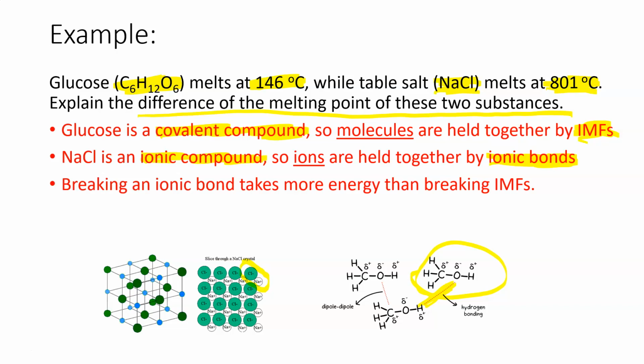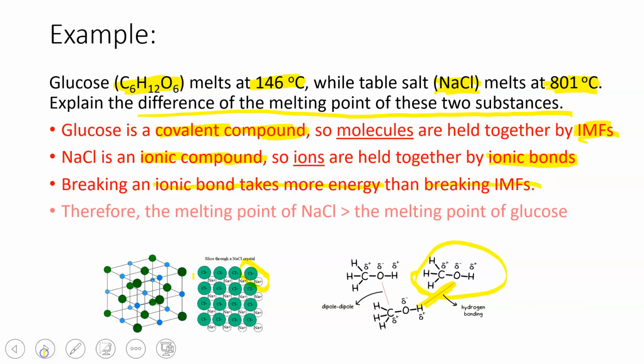So I'm still breaking ionic bonds, even if we're just doing a physical change. And breaking an ionic bond takes more energy than breaking IMFs. So the melting point of NaCl is larger than the melting point of glucose, which means it's harder to melt it. You've got to raise it to a higher temperature.